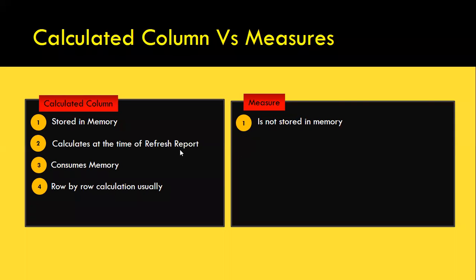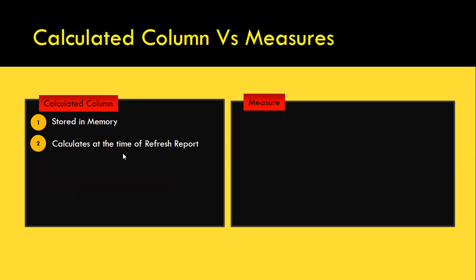In the case of calculated column, it calculates the formula or the business logic at the time of data refresh. It also consumes memory, especially when you use multiple calculated columns. And it performs row by row calculation. This is very, very important.